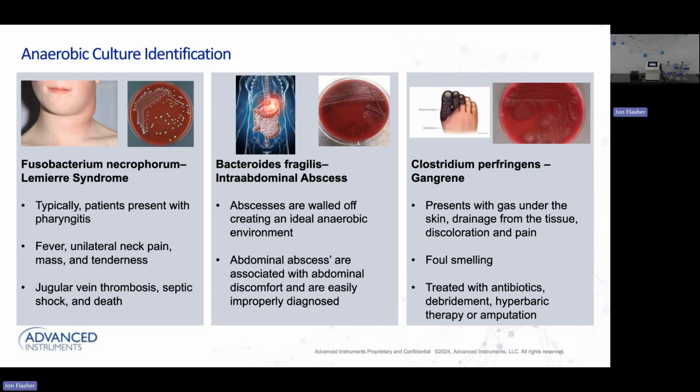And then Clostridium perfringens, I think we all know this one. It causes gangrene. We know how it presents, very disgustingly, with gas under the skin, a lot of drainage from the tissue, textbook discoloration, turning black, and a very foul smell. When you get this in your anaerobic culture, whatever your mechanism is, you know exactly how it smells as soon as you open up the box or jar or take it out of the chamber.